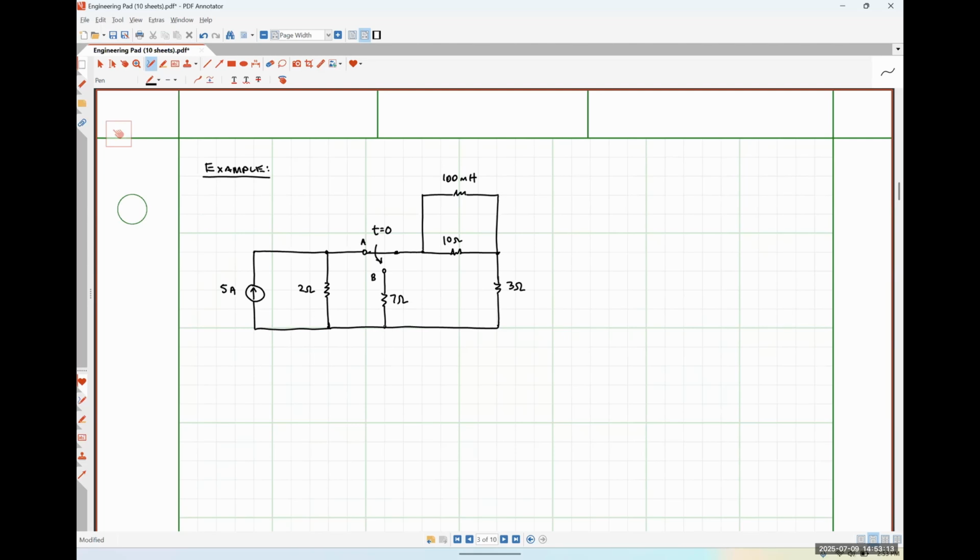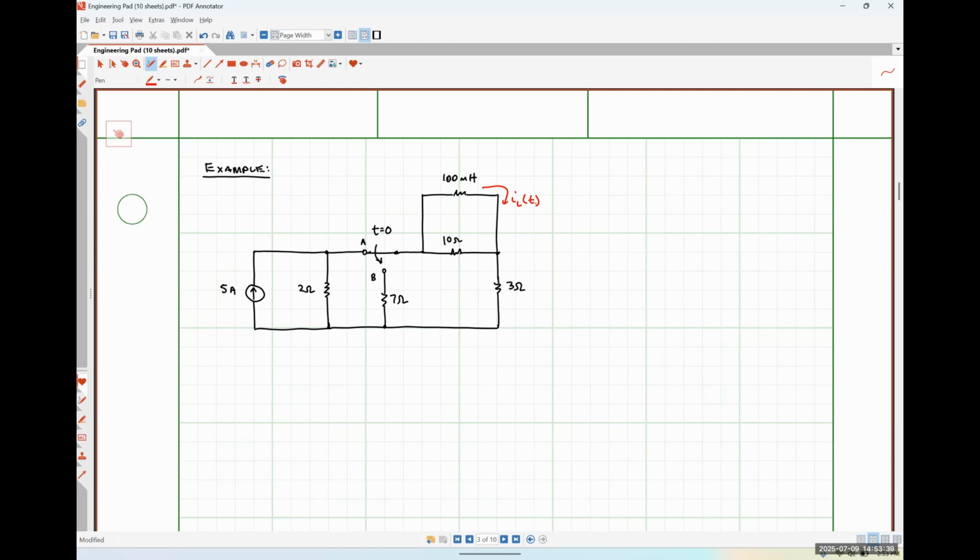I'm interested in finding our inductor current, so let's call this current right here IL of t. And then I'll let you guys pick either a resistor current or a resistor voltage, and you just tell me which resistor and then the current or voltage.